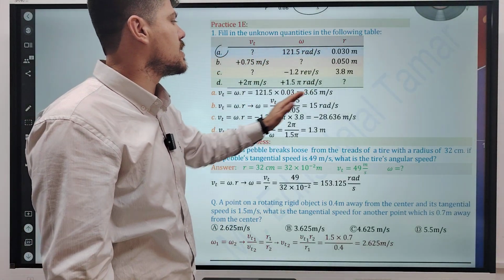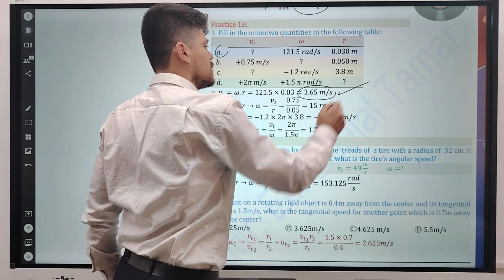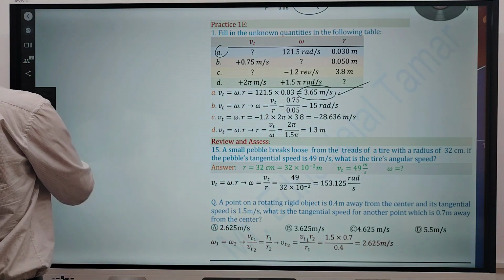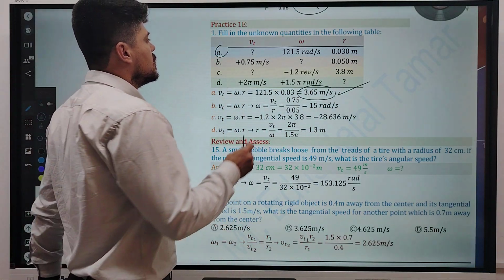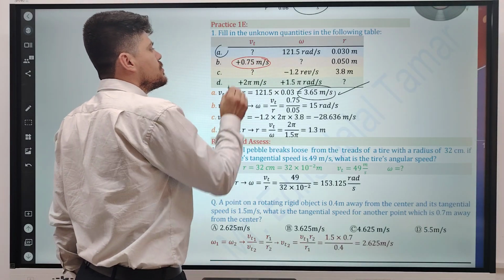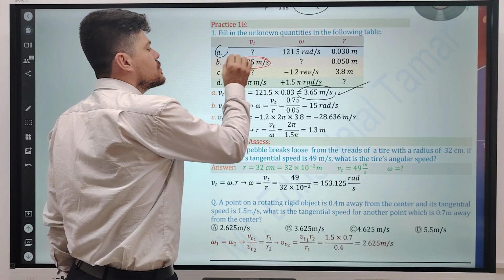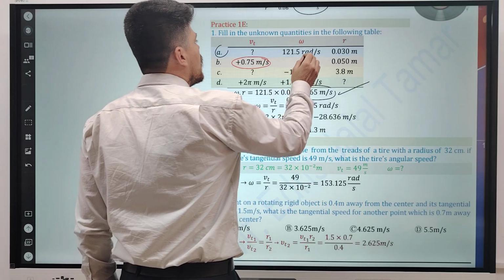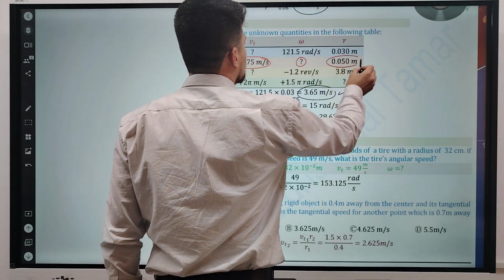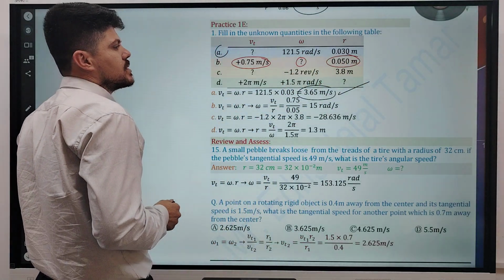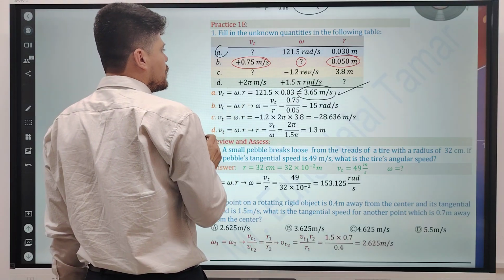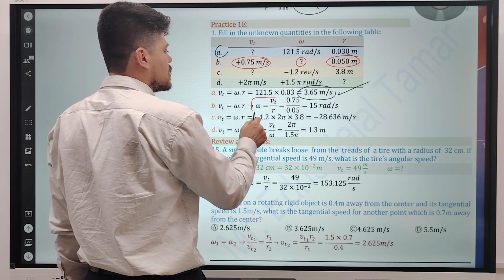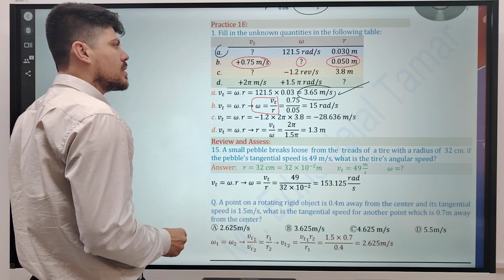Omega and r are given, just multiply. The correct answer is here. And for branch B, tangential speed is given. It is positive. Omega is unknown. The radius of the circular path also is given. How can you find omega? Rearrange the equation. Omega is equal to V over R.